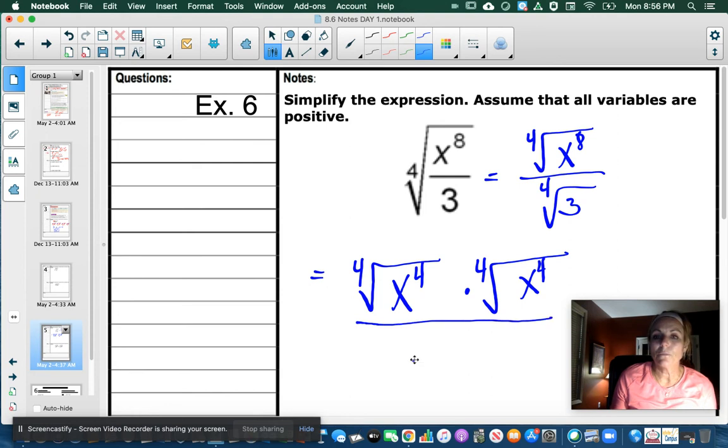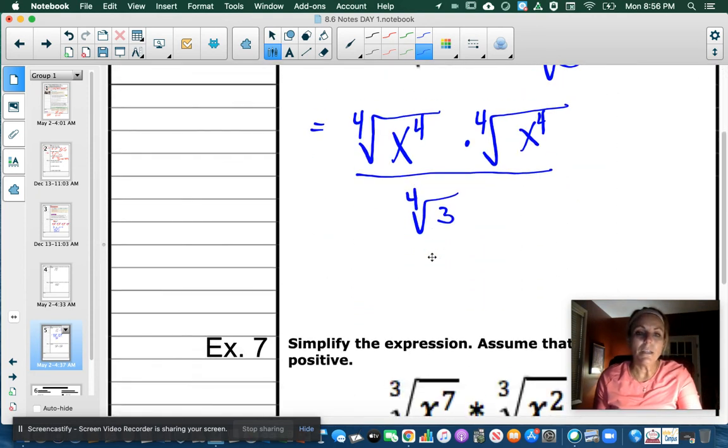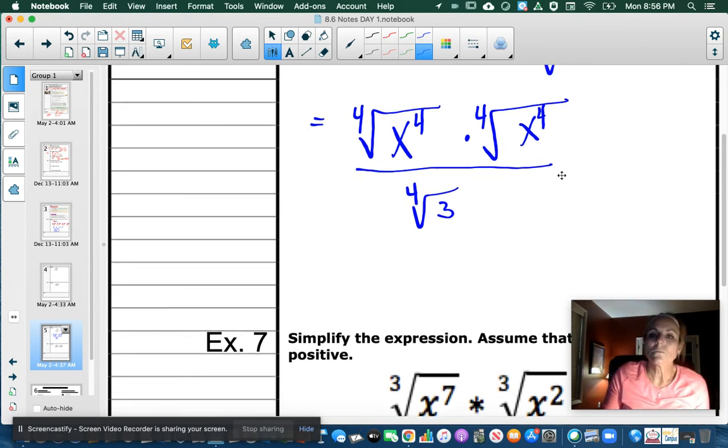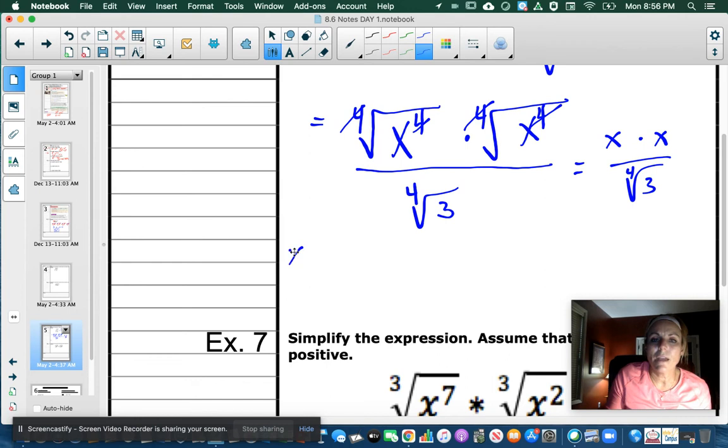And on the bottom, we still just have that. All right. So now, look, that cancels, that cancels. That x comes out. That x comes out. So I have x squared over the fourth root of 3.